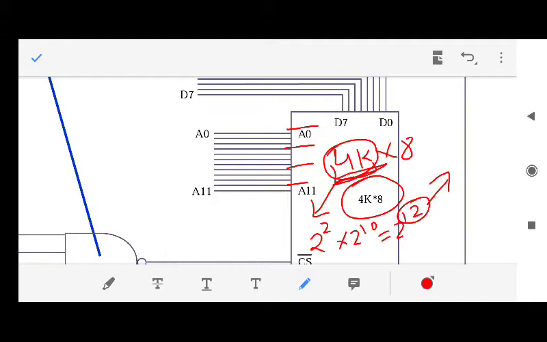So if there are 4k locations, how many address lines will be used to access each location? That will be 2 to the power 12, that means 12 address lines. 2 to the power 12 is 4 kilo. So 12 address lines would be used to access this memory.